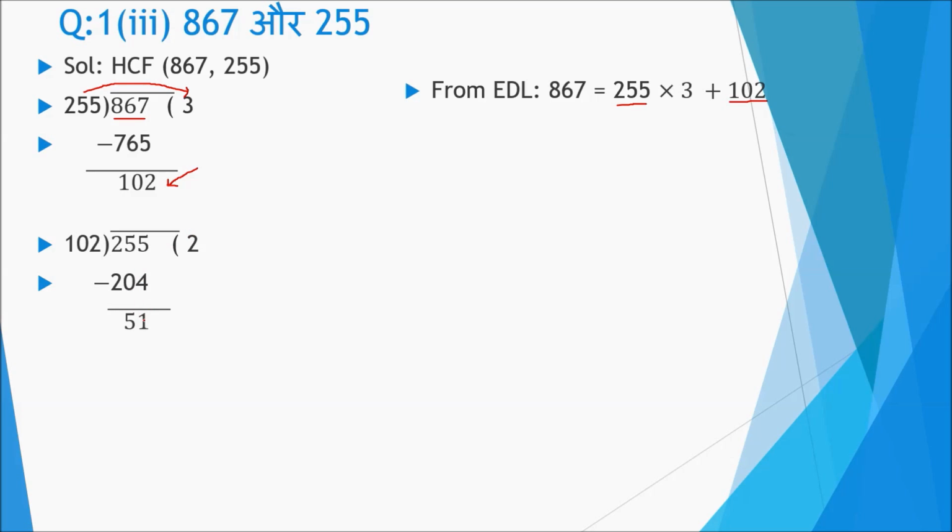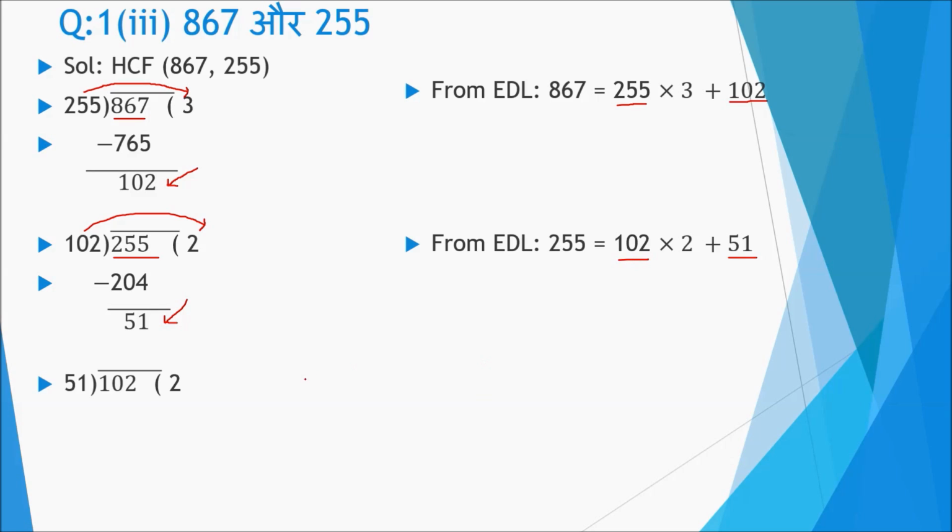We get 51 as remainder, and now we will apply EDL here. So from EDL we get this 255 is equal to 102 multiplied by 2 plus 51, and this 51 in the next step will become divisor and this 102 will become dividend.